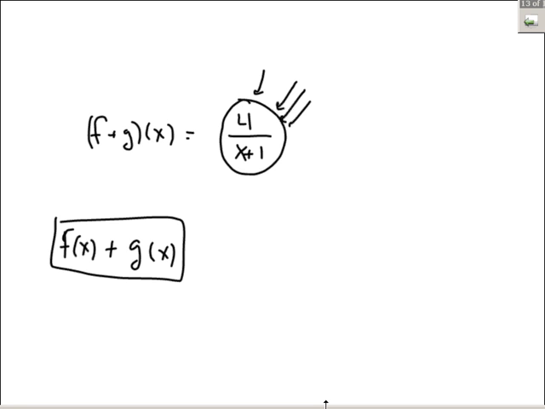If you do it the quick way, you may miss other bad points, but whatever bad points you do find will be correct. But in the end, don't find the domain of combination functions by combining first. You cannot do that.